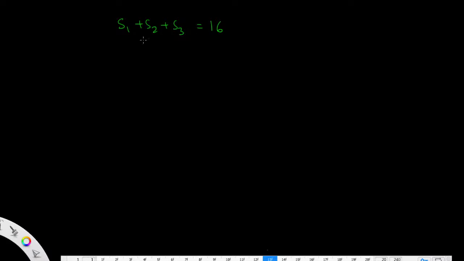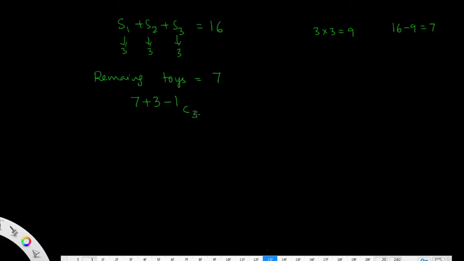So this for 3 things, this for second student 3 things, 3 things. So 3 into 3, 9. Remaining 16 minus 9 equal to 7. Therefore, remaining toys equal to 7. Therefore, by using the formula 7 plus 3 minus 1 C, 3 minus 1, which carries 9C2. This is the 9C2. Okay.